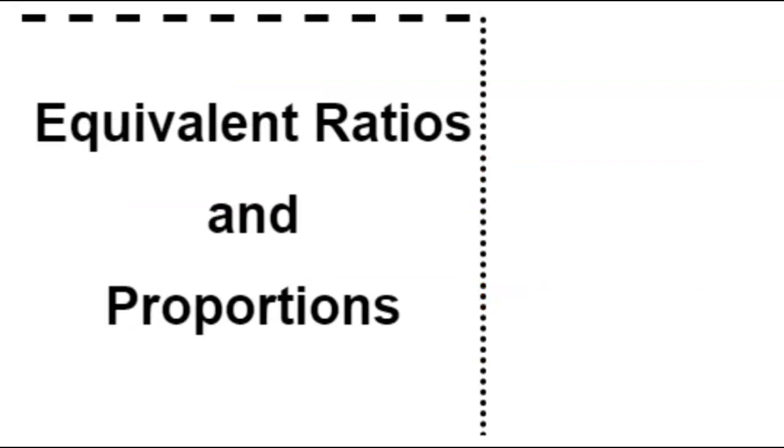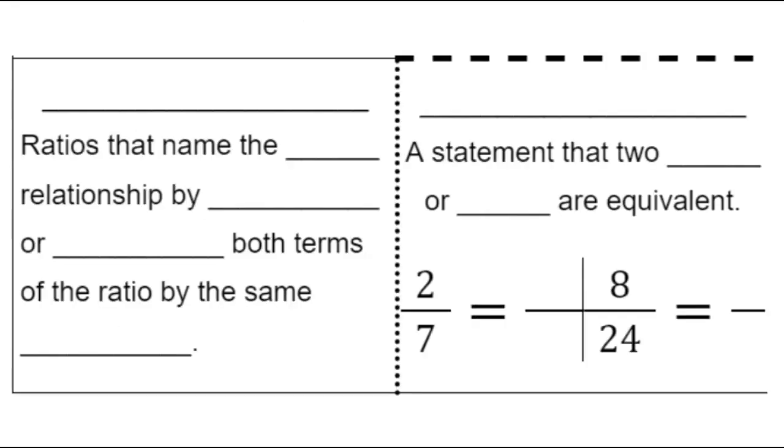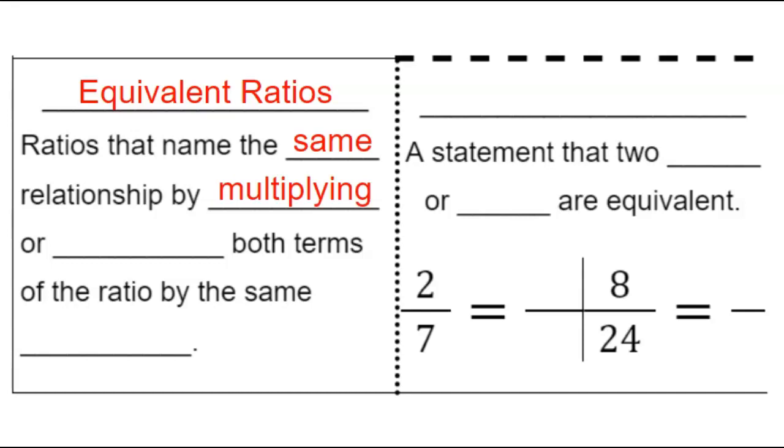Equivalent ratios and proportions. Equivalent ratios are ratios that name the same relationship by multiplying or dividing both terms of the ratio by the same number.